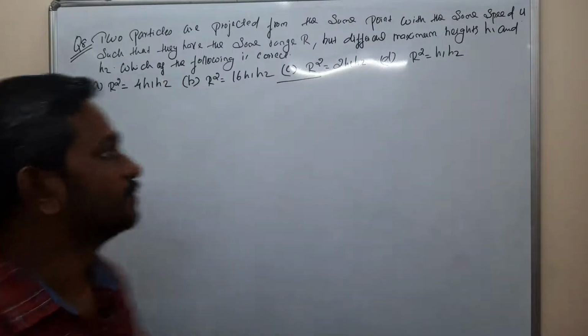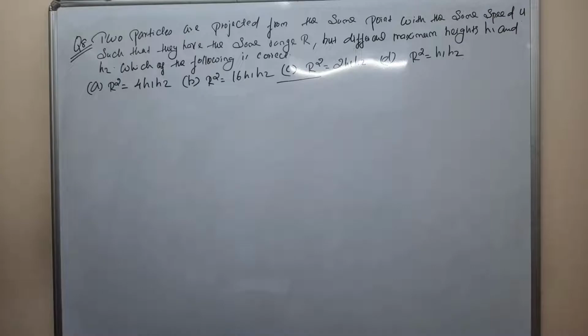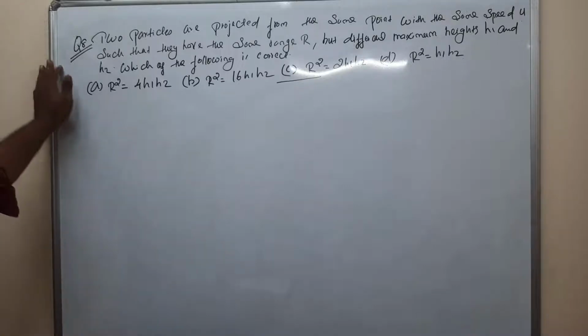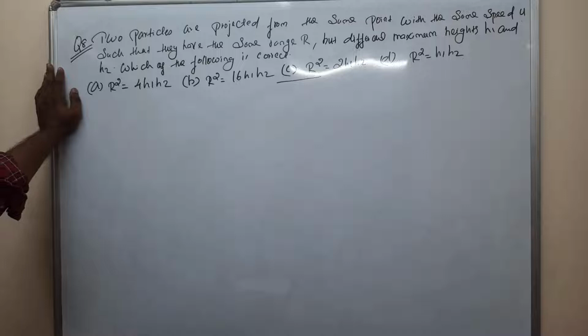So 8th question: two particles are projected from the same point with the same speed u such that they have the same range capital R but different maximum heights h1 and h2. Which of the following is correct?